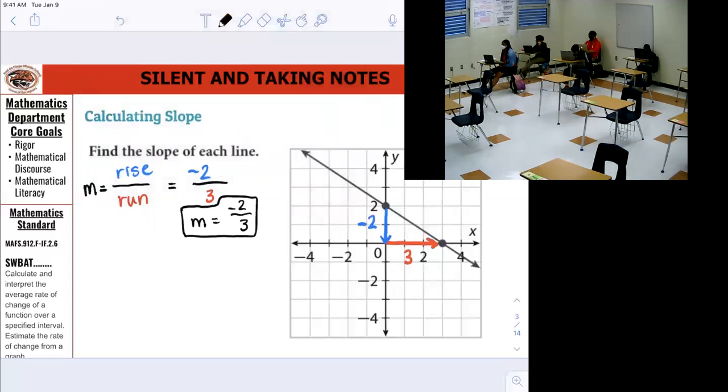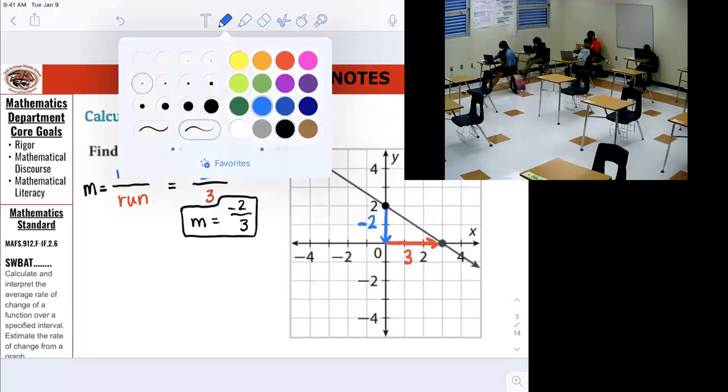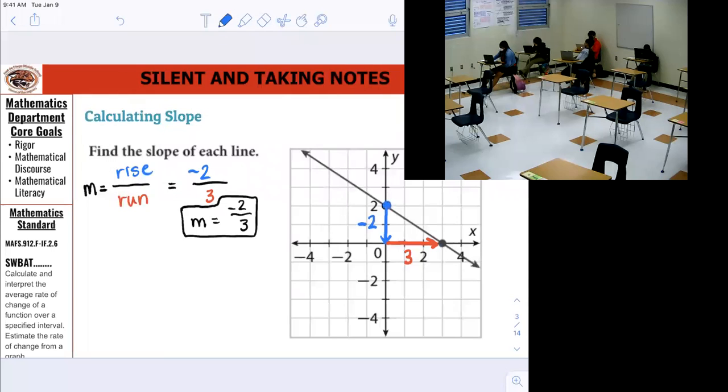Now remember, since I have a straight line, since I know I have a constant slope, that -2 over 3 will be the same no matter which 2 points you use. In this case, they told us to use those 2 points because it was labeled for us. However, I could have picked any point along this graph that I felt like using.